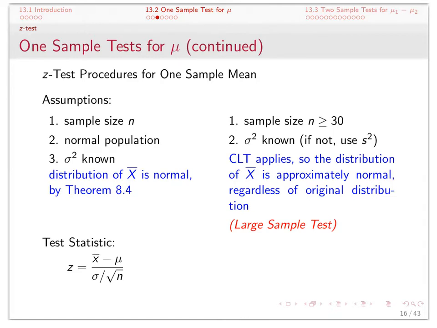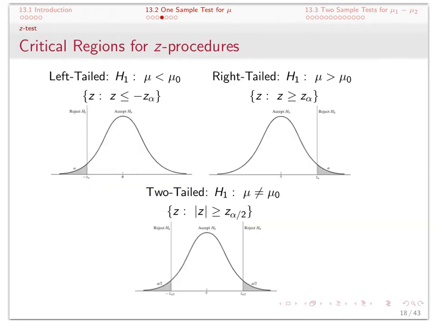However, it's also worth noting that if sigma squared is not known, much like we did with confidence intervals, we can just use the sample variance s squared to estimate the population variance sigma squared. As a consequence, our test statistic will still be a z-score, but we're computing it by doing x bar minus mu over the standard deviation from the sample divided by the square root of n.